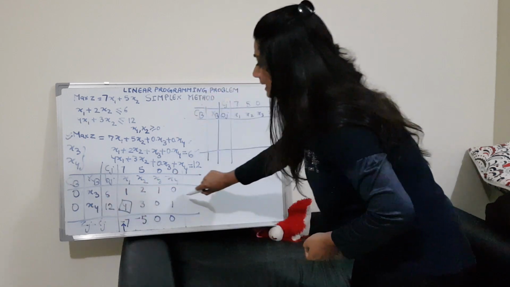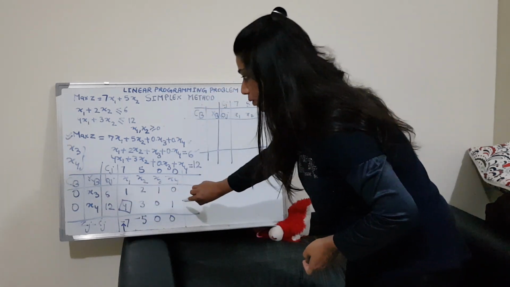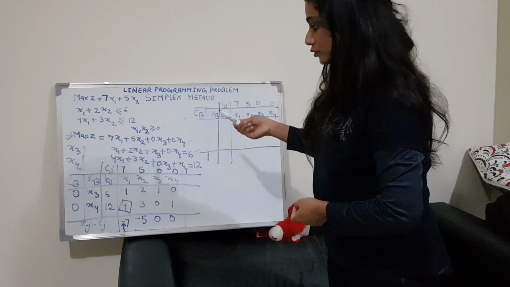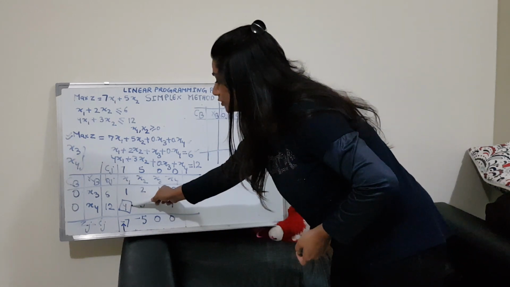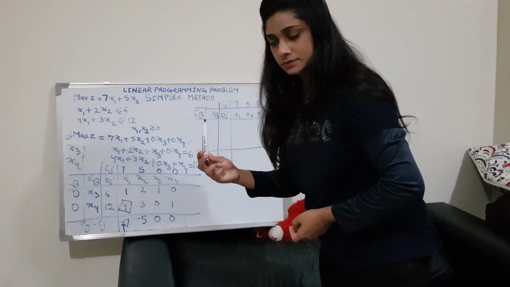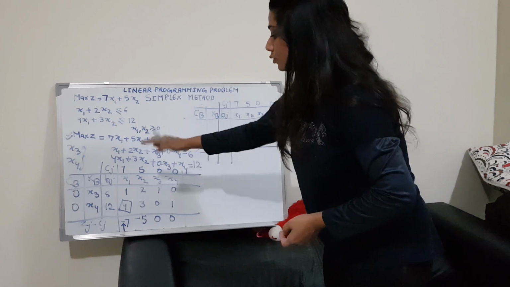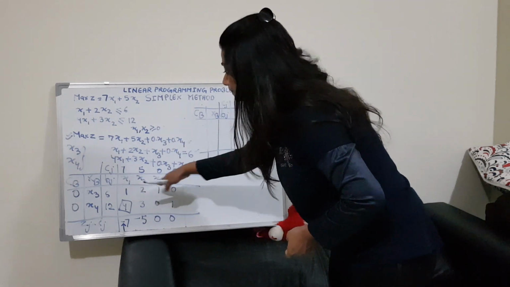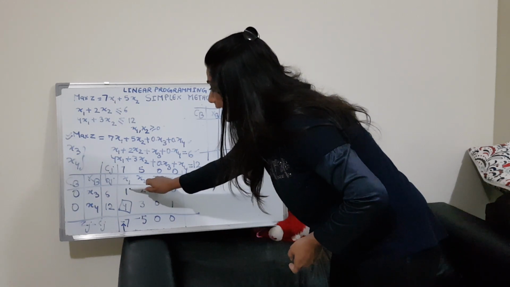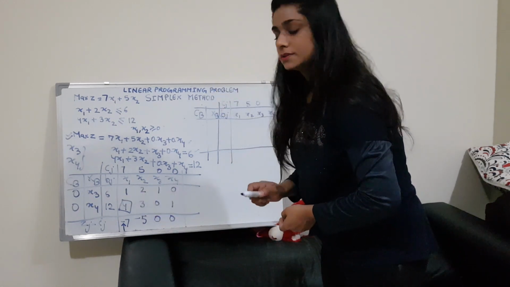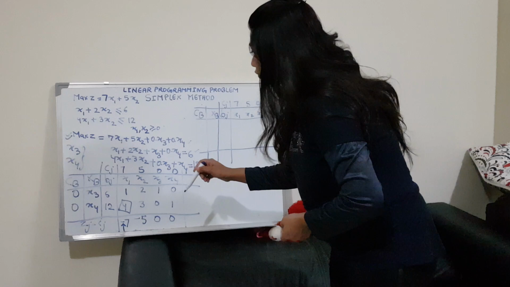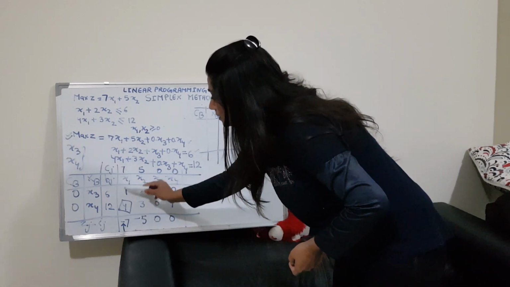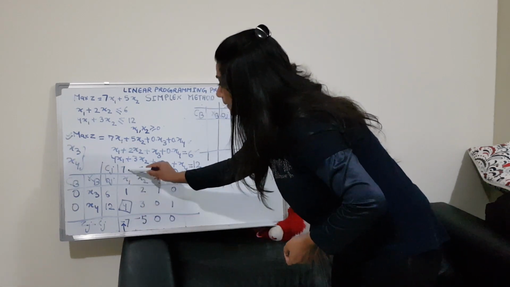Now our outgoing vector is from the second row, so we will eliminate this row. And what next do we have to do? At this place we have to make 1, and on the upper and lower side we have to make 0. So here only the upper side. So we will make 0 here and we will make 1 here. And one more thing: the entering vector is from the first column.